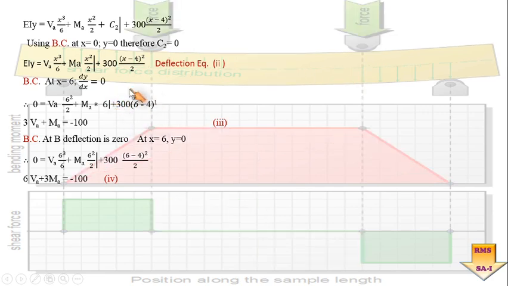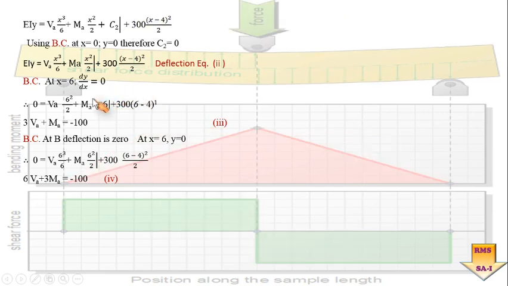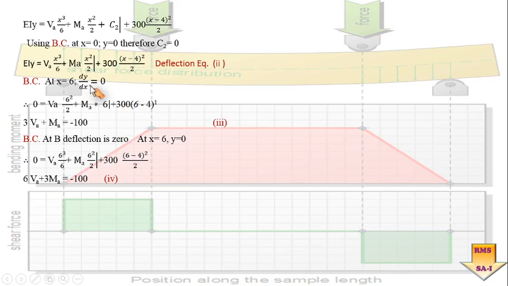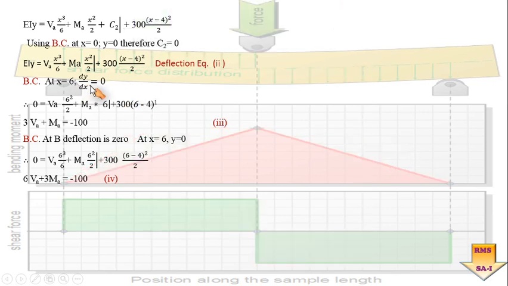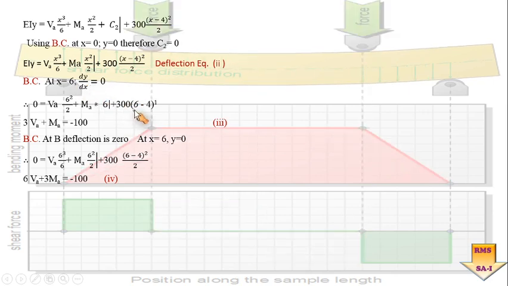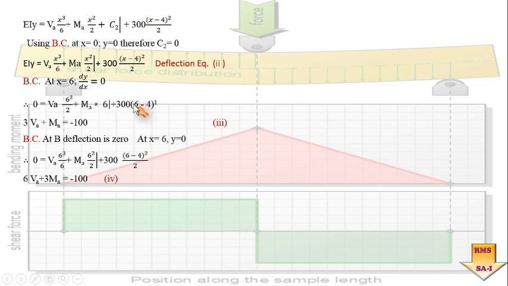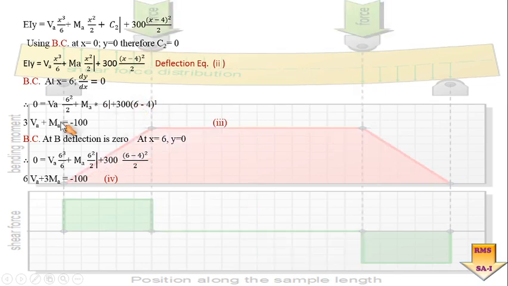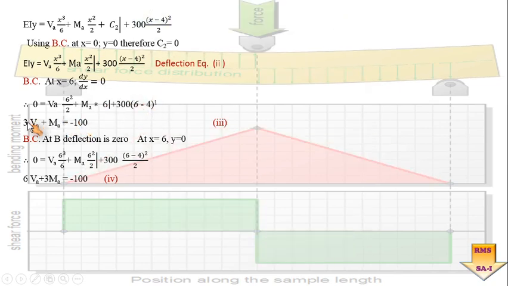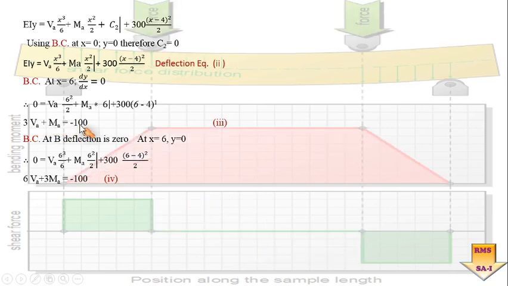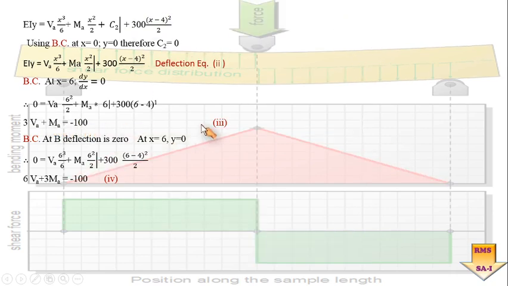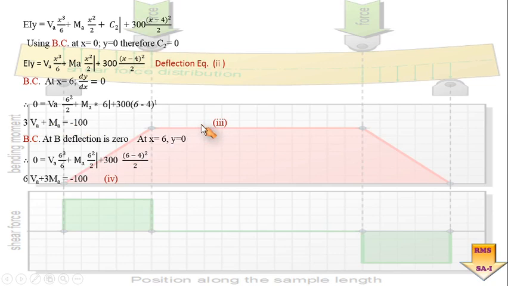This term is coming into picture because the value of x is more than the first span, that is equal to 4. So 6 minus 4 raised to 1. So we get a new equation 3VA plus MA is equal to minus 100, calling it equation number 3.